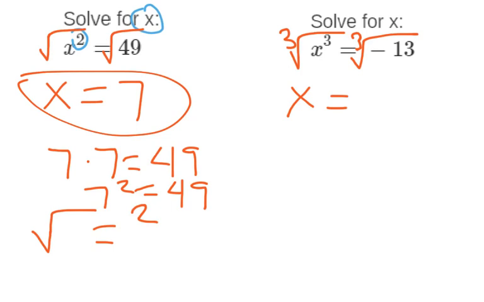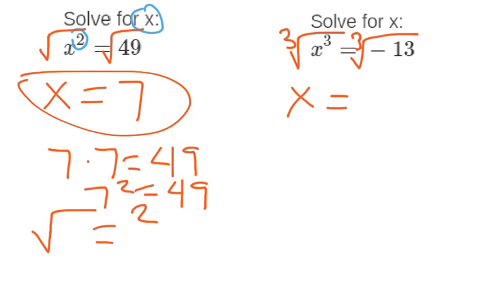Now, this one's a little bit different because negative 13 is not a perfect square, meaning a number cannot perfectly go into it without having a decimal. Just like over here for 49, it was a perfect square because 7 times 7 is a whole number and it goes into 49 perfectly. Whereas 13 is actually a prime number, so that doesn't have the same luxury with that.